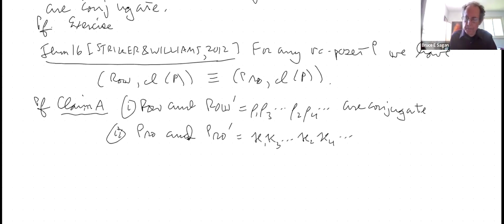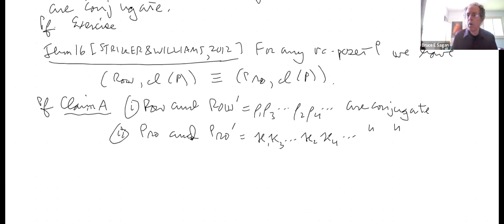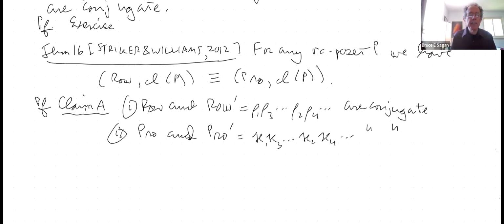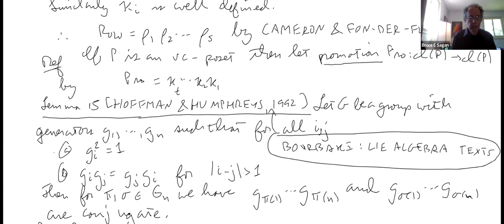Those are also conjugate. Well, how can we prove they're conjugate? Well, you would like to use the previous result. We'd like to show that these generators satisfy these two identities.